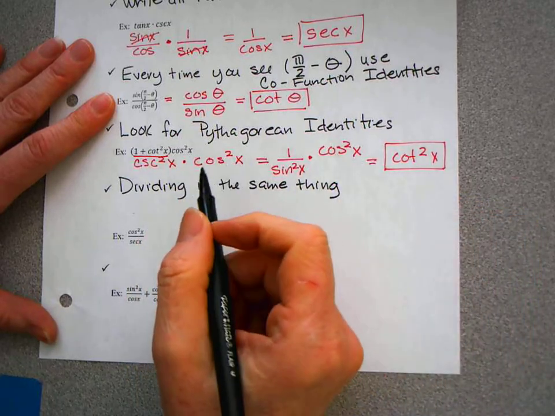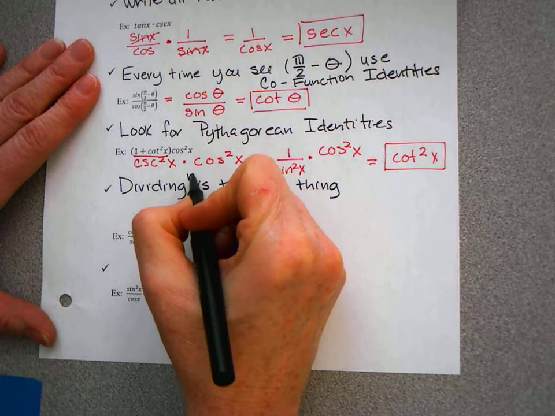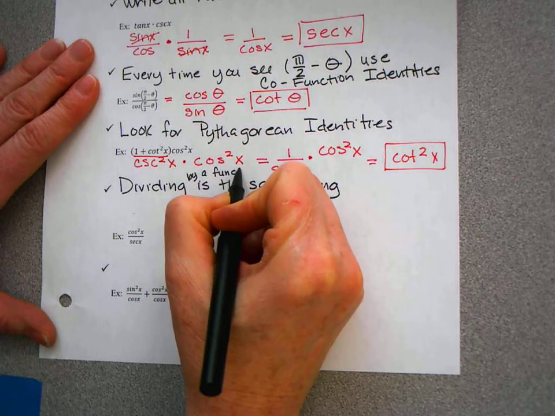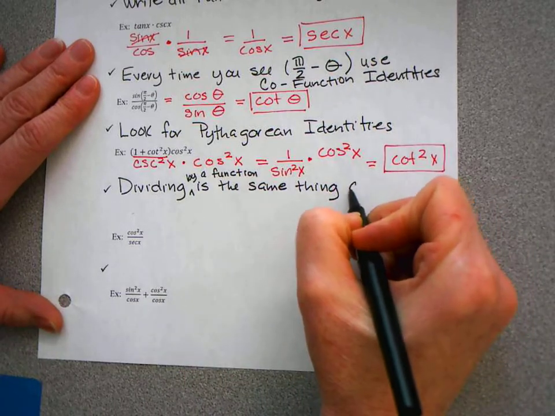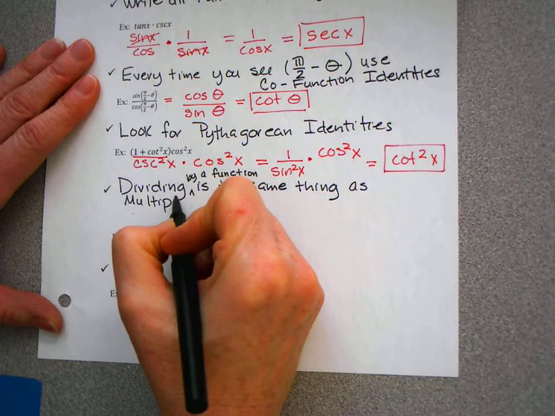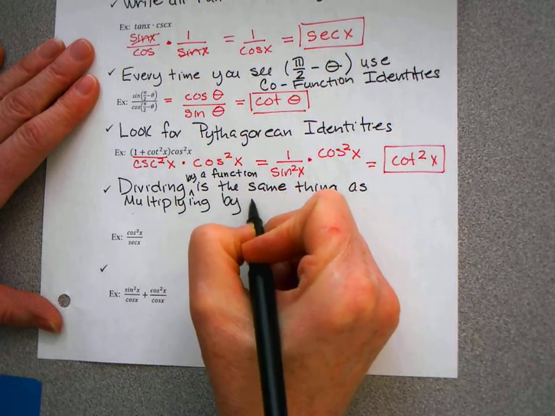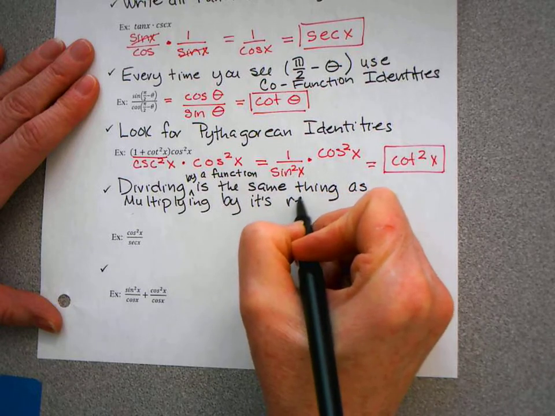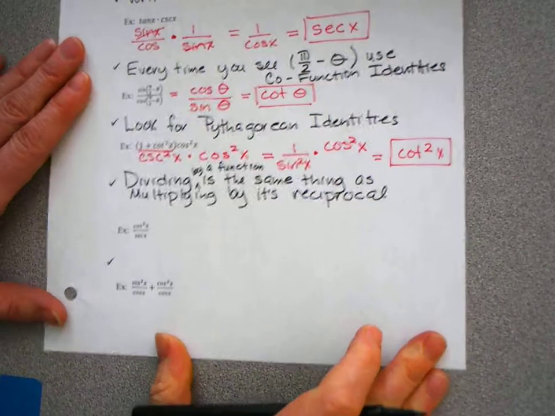This is kind of just a reminder. And I should say dividing, because we're now using trig functions, right? So dividing by a function is the same thing as multiplying by the function's reciprocal. So it works for fractions, it works for functions.